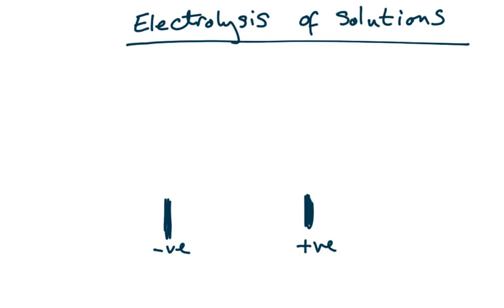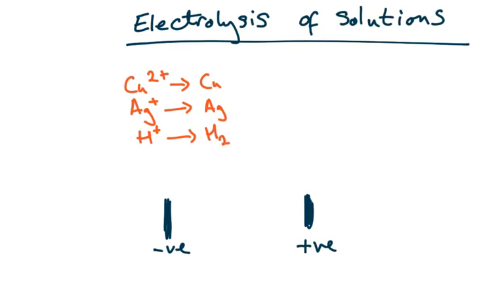So at your negative electrode, so at your cathode, you are either going to see copper ions winning the race, silver ions winning the race, or hydrogen ions. So we are either going to see copper metal, silver metal, or hydrogen gas. Those are the three things that we might see.